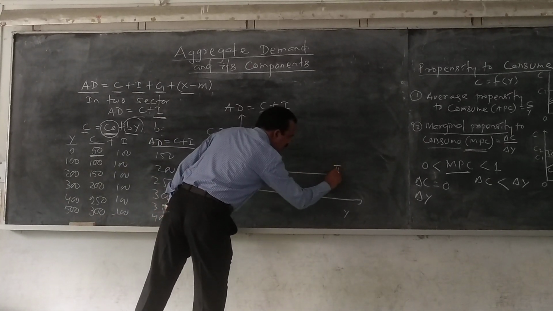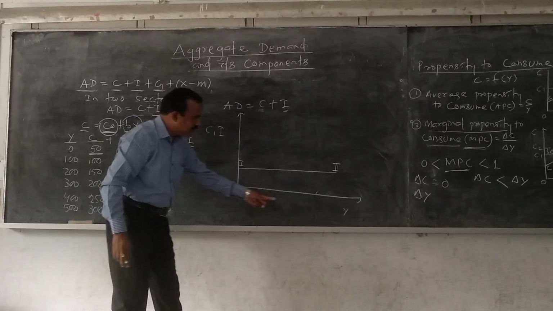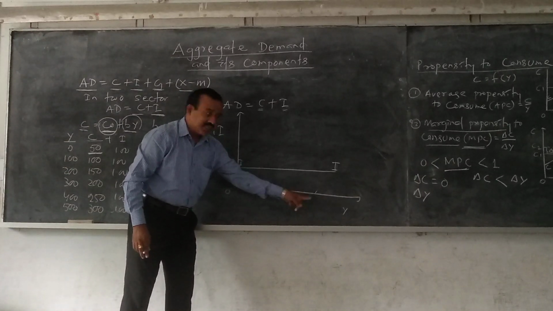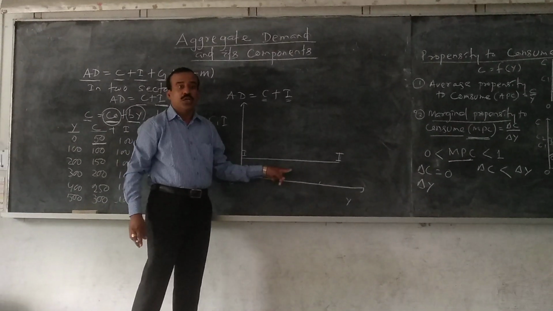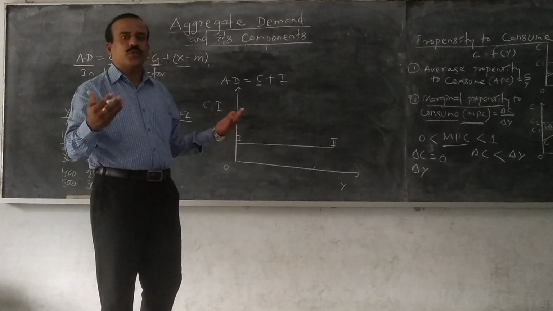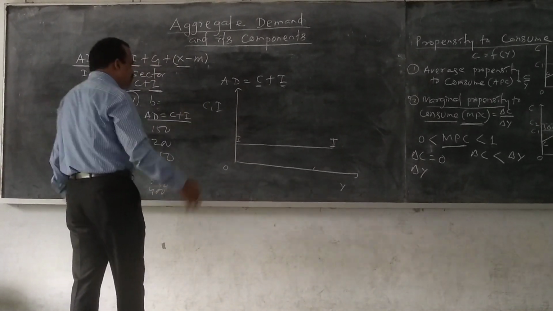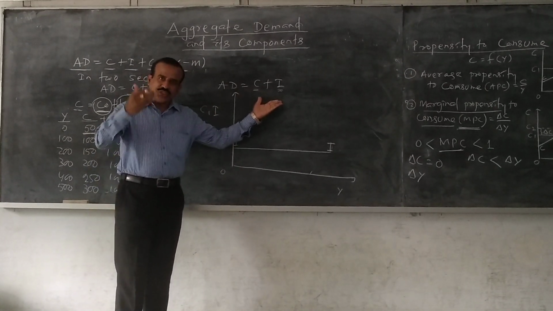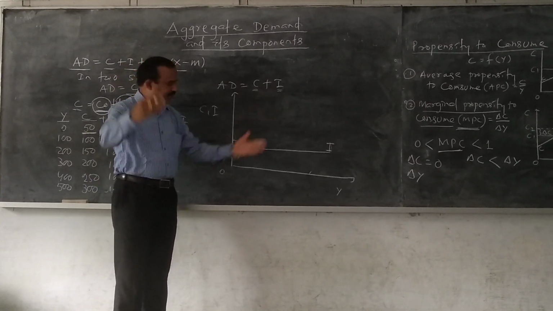Autonomous investment. It does not change with the change in income. It is parallel to the x-axis. This means there is no change in investment with the change in income, and this type of investment is called autonomous. In Keynesian theory, investment taken by Keynes is autonomous, which is mainly made by the government.